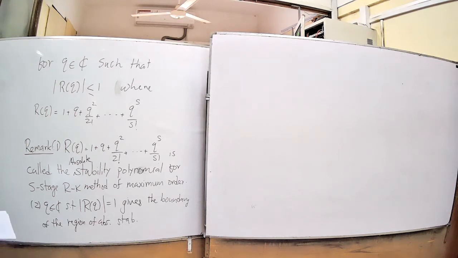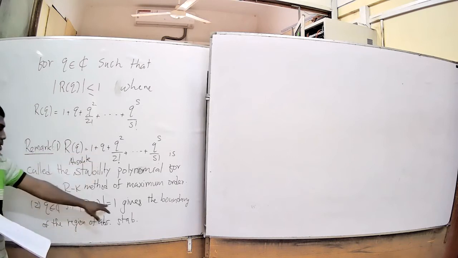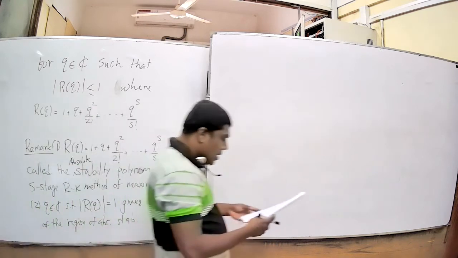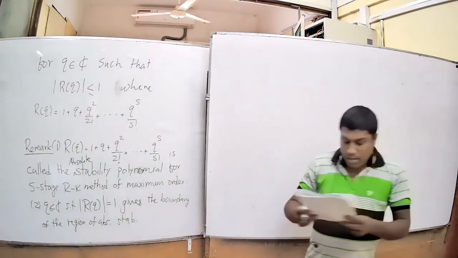So we always try to find the boundary first. So basically you need to solve |r(q)| = 1 and find all q's such that this is true, and that gives you the boundary of the region, and that leads to the region as well, right?